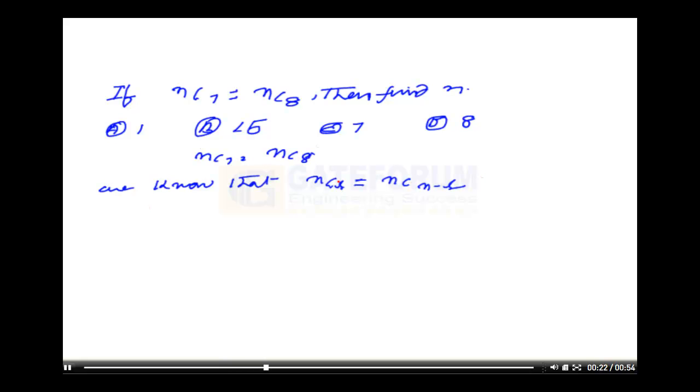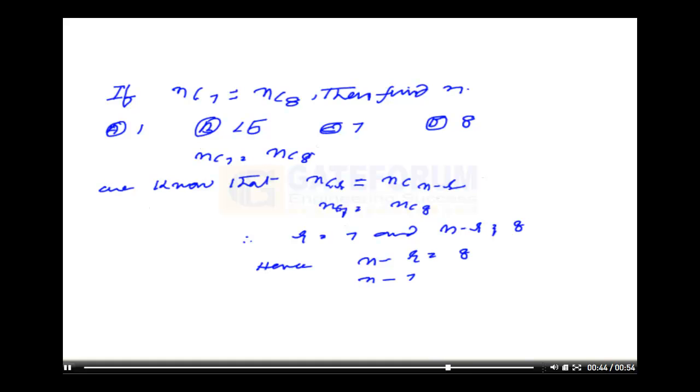So comparing with the given question, therefore r equivalent to 7 and n minus r equivalent to 8. Hence n minus r equivalent to 8 and r is 7. Therefore n equivalent to 15 is the required answer. Hence n equals 15.